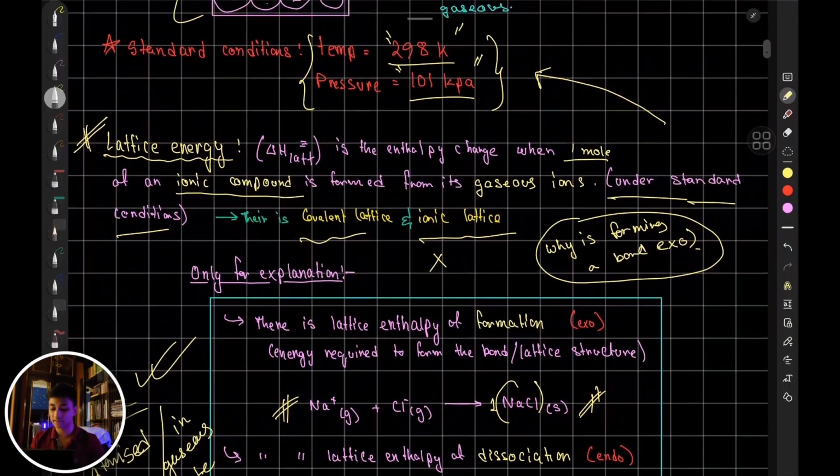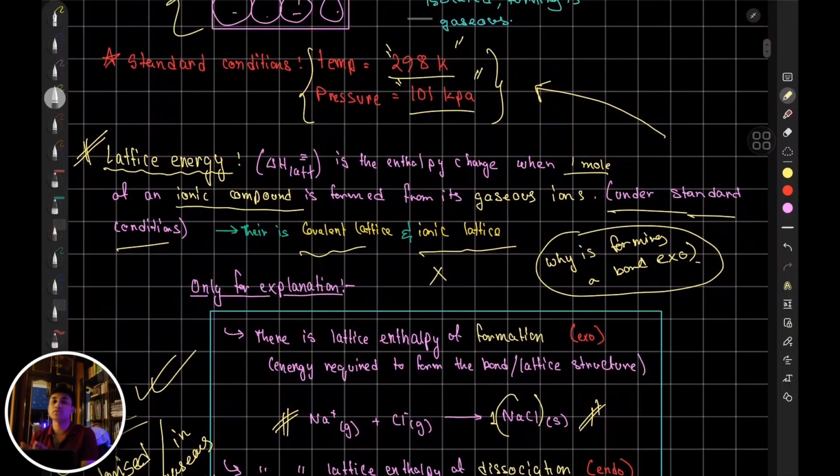Basically, whenever there is any sort of attraction, it is going to be exothermic. Between the sodium positive ion and chlorine negative ion, is there going to be an attraction? Obviously. Why? Because there is a positive charge and there is a negative charge. They are opposite charges. As a result, they're going to be attracted.